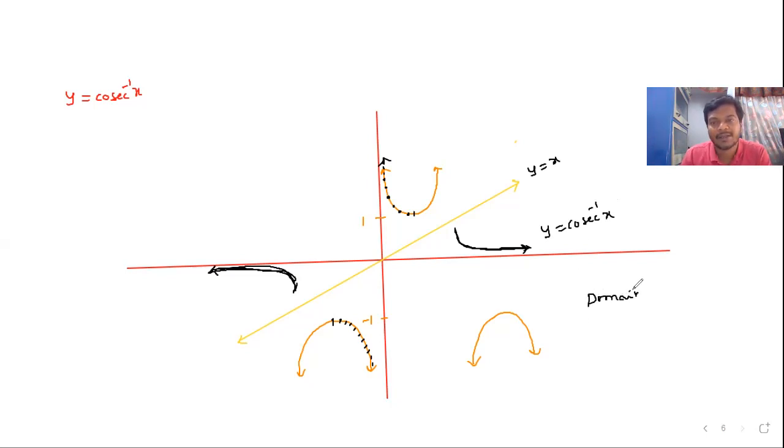And write the domain and range. Here it starts with 1, so it also starts at 1 and minus 1. Therefore, the domain I can write from minus infinity to minus 1, union 1 to infinity, and the range. See, this is clearly pi by 2, and this is pi by 2. That should be more than 1, right?